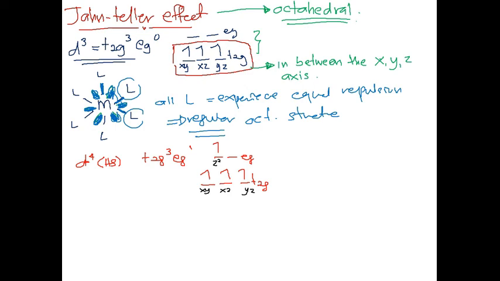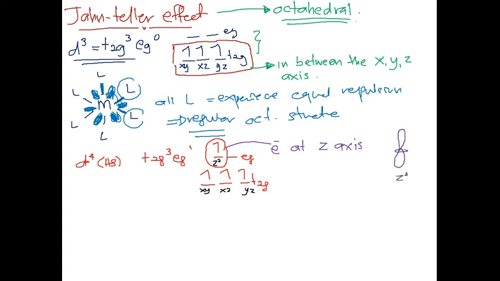So if you look at here, this ligand ni, dia ada elektron dekat z axis, kan. So this is z square.